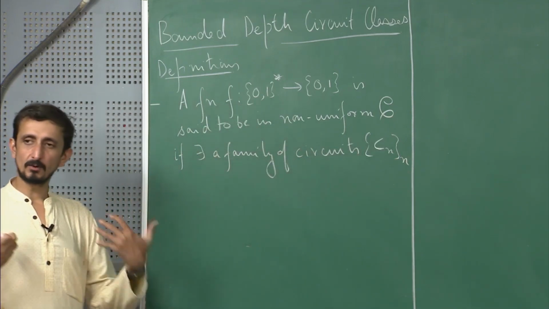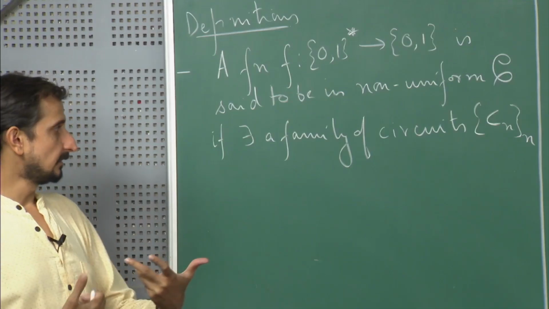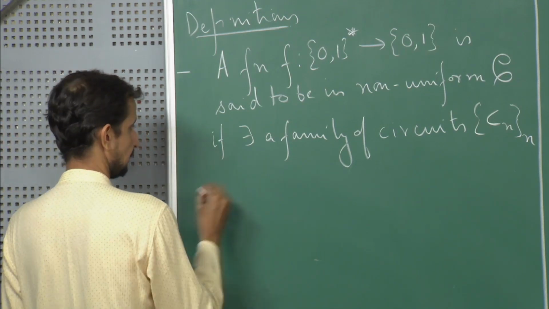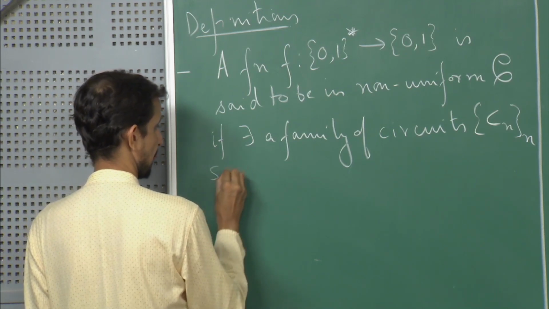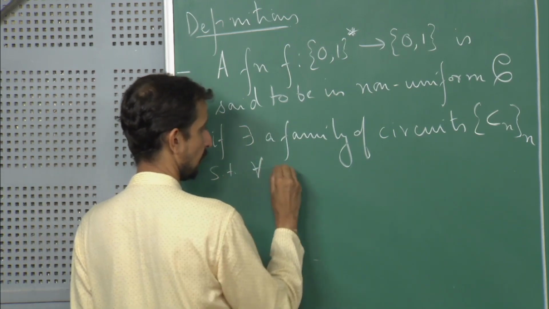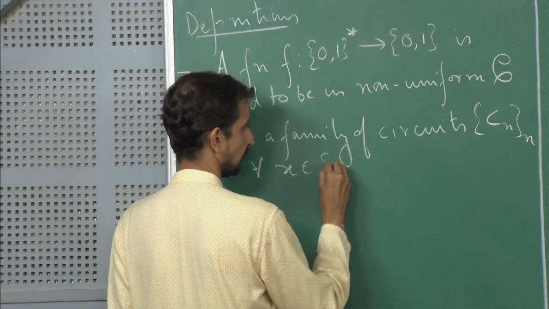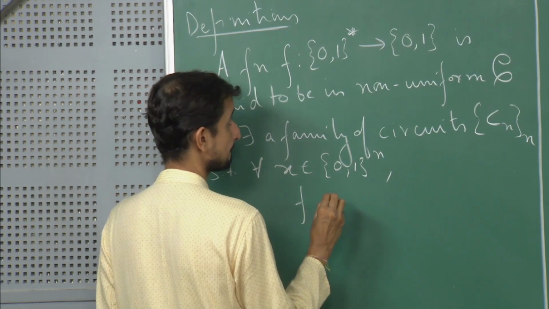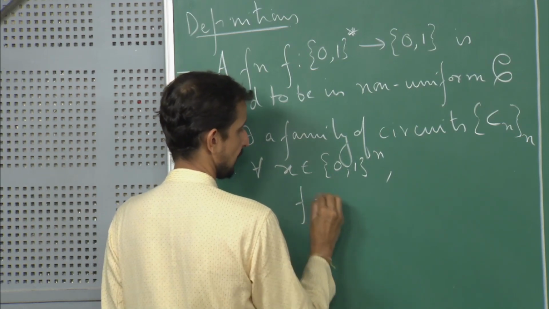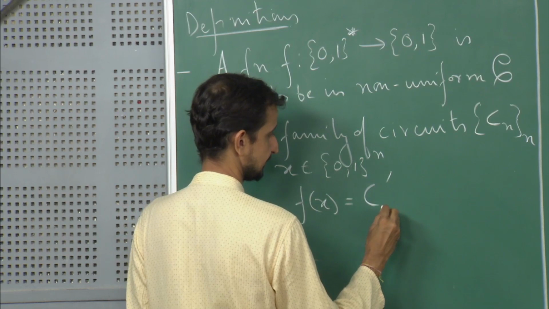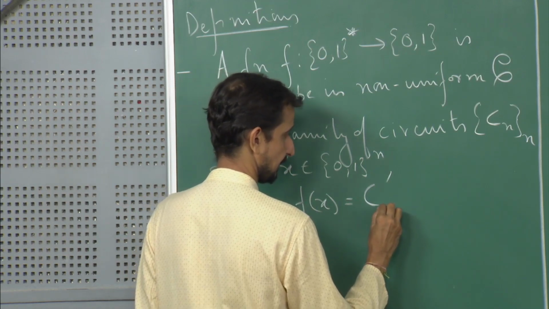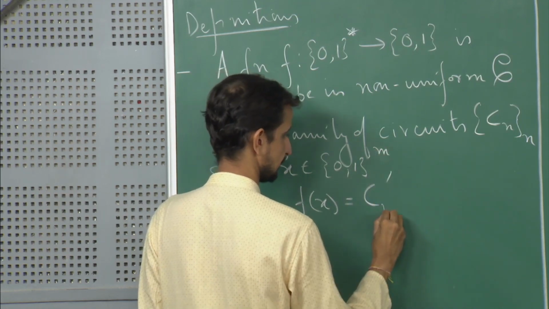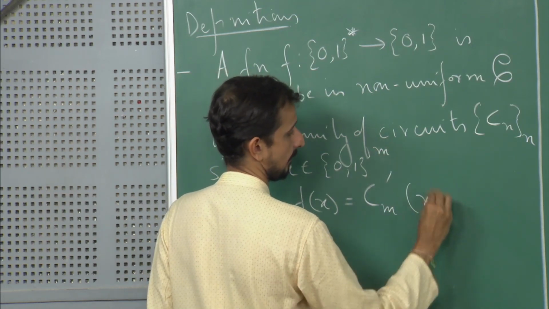So basically by family what we mean is an infinite family: C1, C2, C3 and so on, such that for all x belonging to 0 1 to the power n, f of x equals, let me use a different index here, Cm of x.